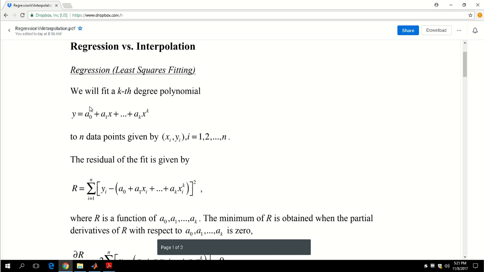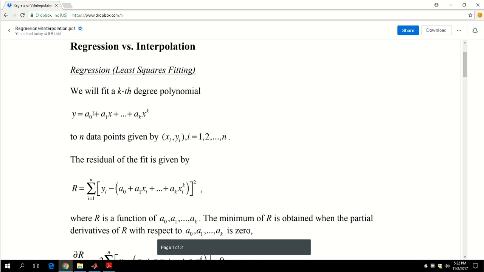So what's the curve that we're going to try to construct? We're going to construct a curve that's a kth degree polynomial. The curve that we're going to put together is y equals a0 plus a1x plus some intermediate terms up to ak times x to the kth power. So that's the curve that we'll try to construct. x and y are the horizontal and vertical coordinates of different data points, and a0, a1, up to ak are the coefficients that we'll try to determine.